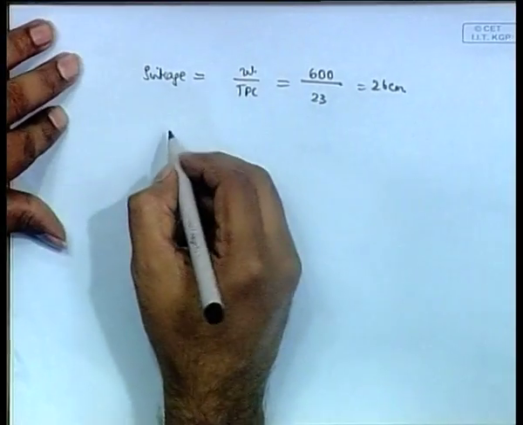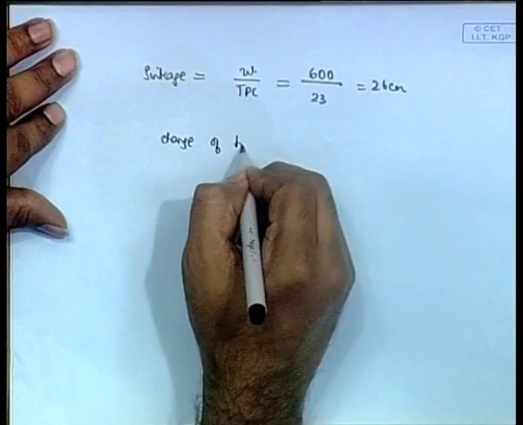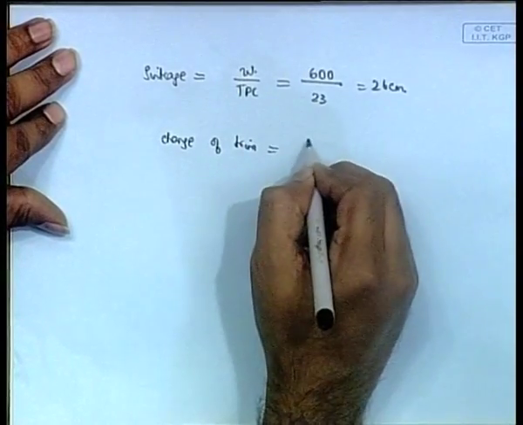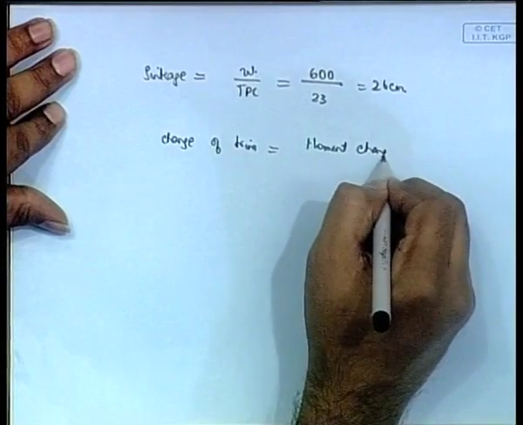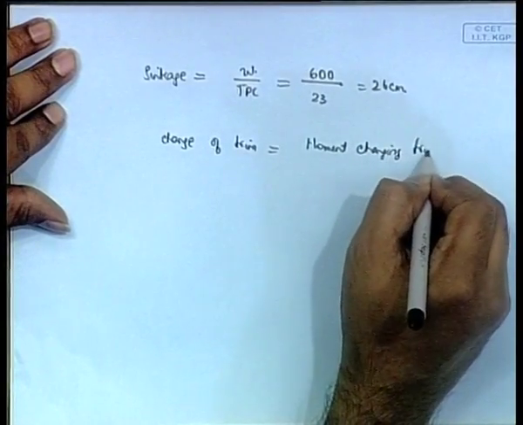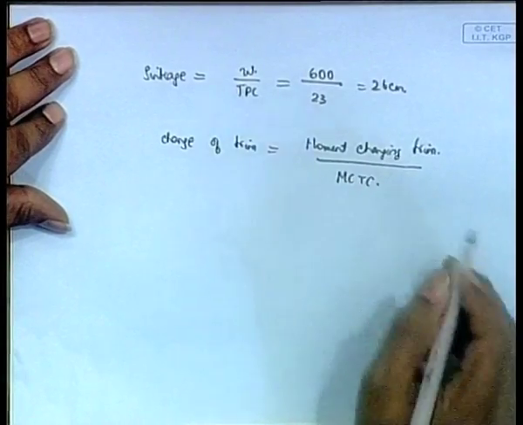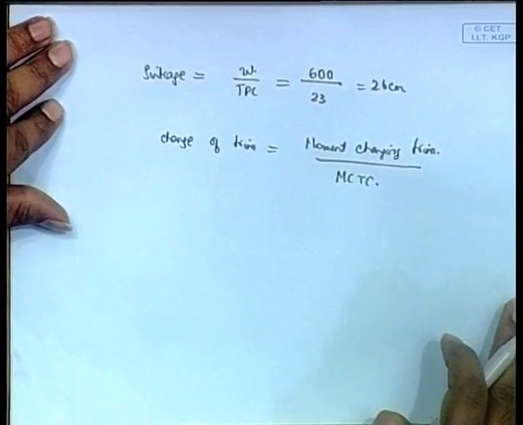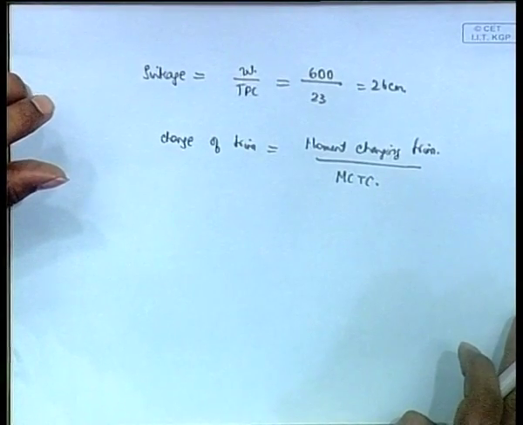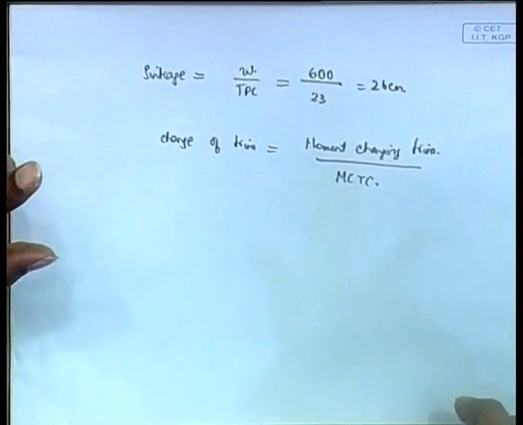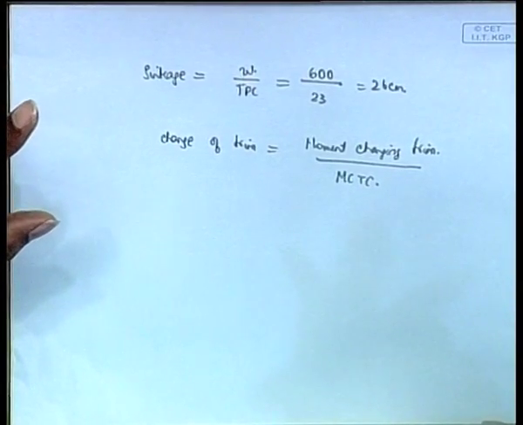Then, these two formulas, I think, just use the same thing always. This formula should be used all the time. Change of trim is equal to moment changing the trim divided by MCTC. Here, slightly tricky thing again, moment changing trim. What is the moment changing trim?